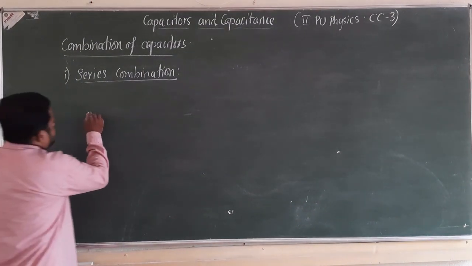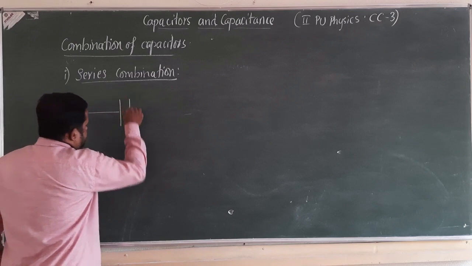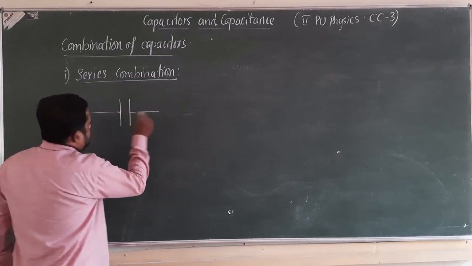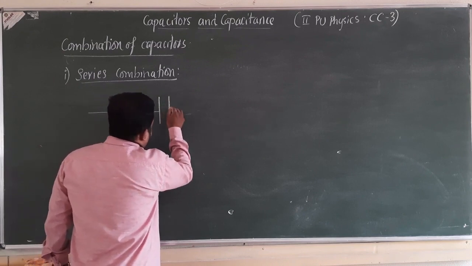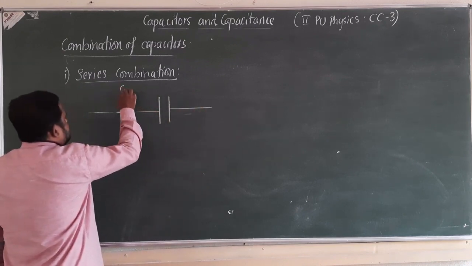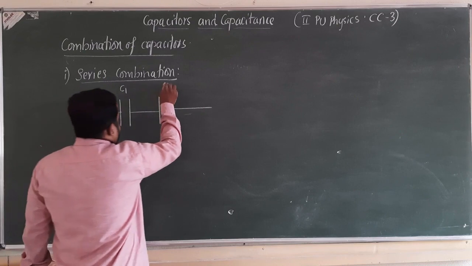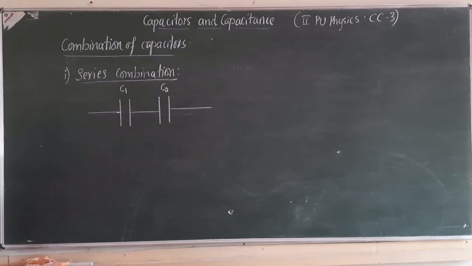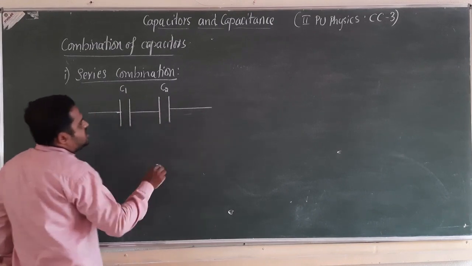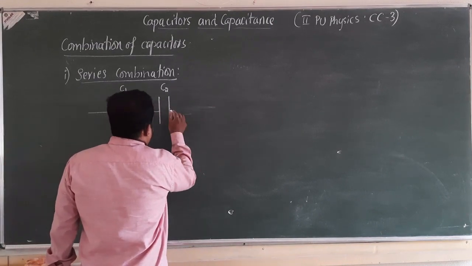Now consider two capacitors, first capacitor and second capacitor. Let C1 be the capacitance of first capacitor and C2 be the capacitance of second capacitor. Now this combination is series combination of capacitors.